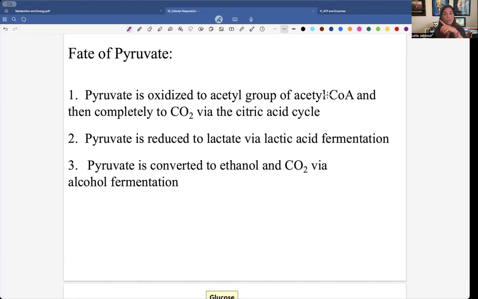But first, it's called acetyl-CoA, and then it goes through what we call the citric acid cycle to become carbon dioxide. Okay. So pyruvate is reduced to lactate via lactic acid fermentation if there is no oxygen available. There is a fermentation process that takes place, and it turns into lactate.